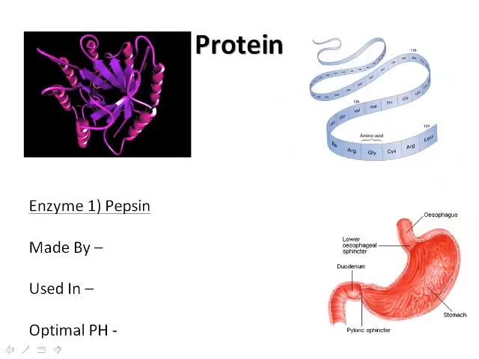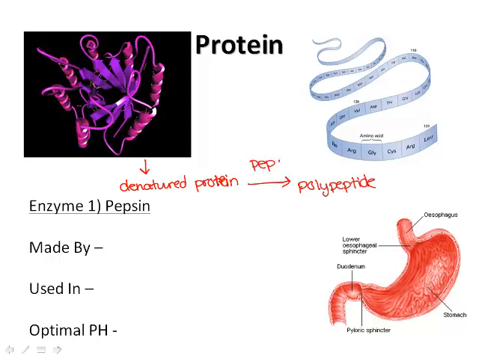So here we have a denatured protein, denatured by the hydrochloric acid, and this protein is going to be broken into polypeptides in our stomach by our enzyme pepsin.